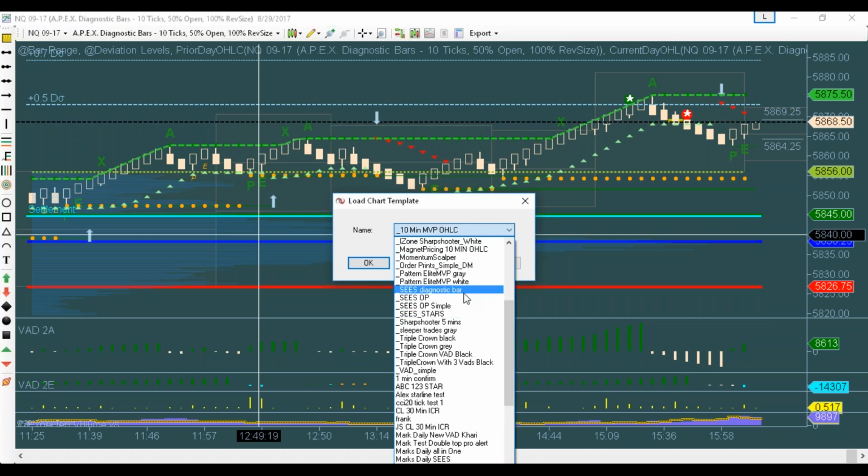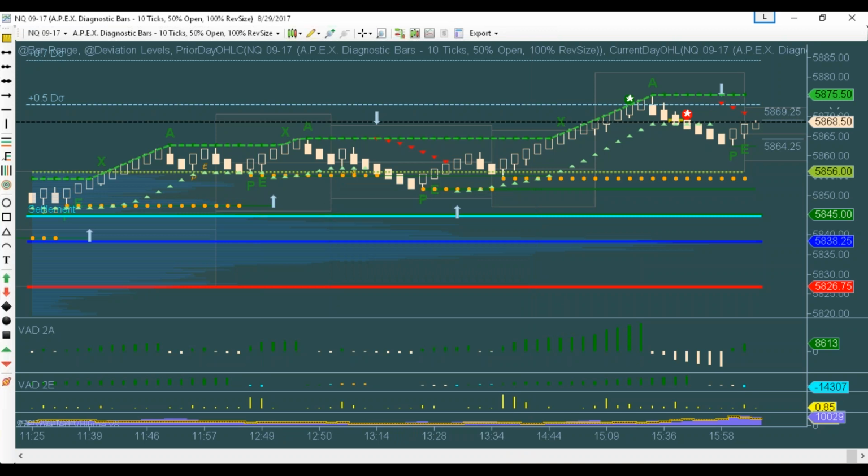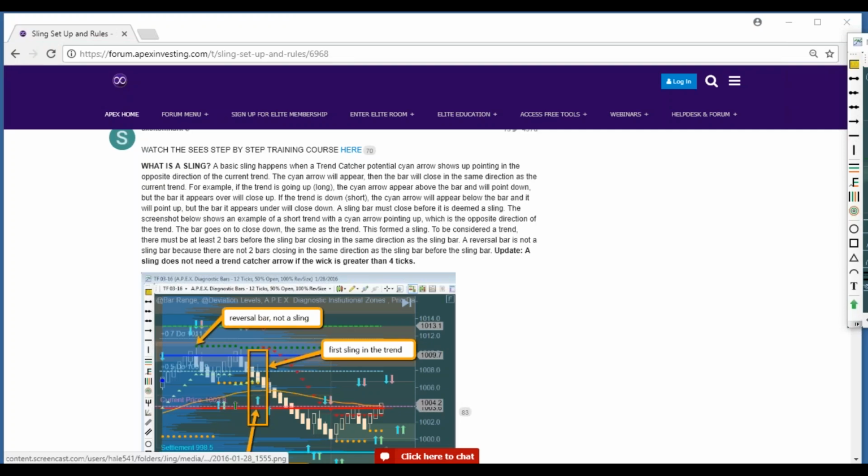It's a very similar template, but it doesn't have some of the order print aspects on it. It doesn't have the stars and the mini magnets or the clusters or anything like that. Okay, but it does have an indicator called the trend catcher. Okay, and you can go through and read a little more about that, and you can add it straight on to your existing power play template if you want. Okay, and we'll talk about that a little bit here in just a second.